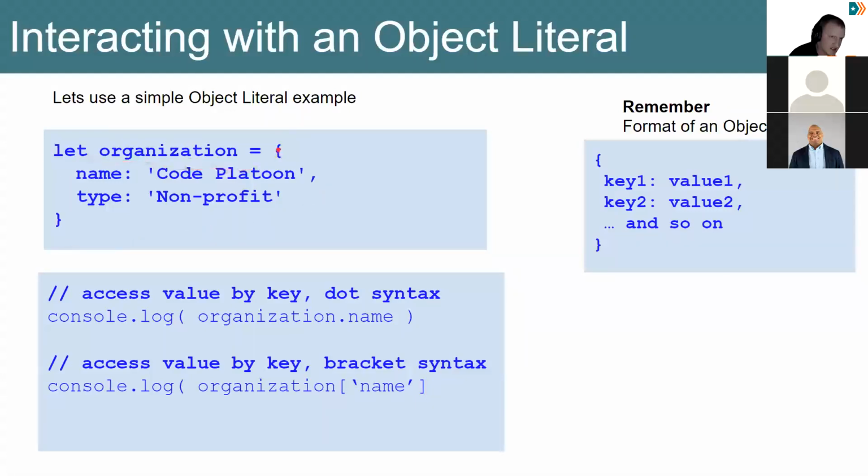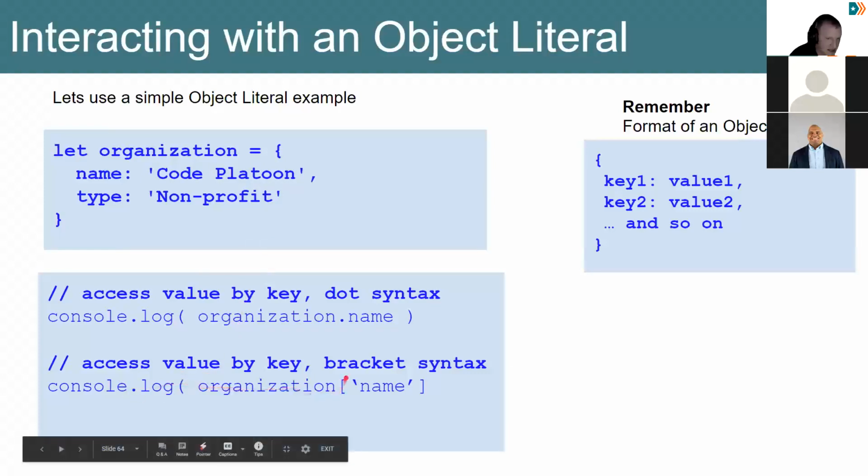This entire object is bound to organization. So if I say organization, I can use dot syntax and say dot name. This would console.log my value, whatever is bound to that name inside this one single object.